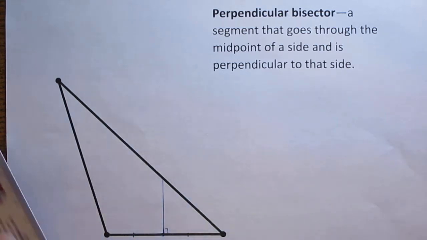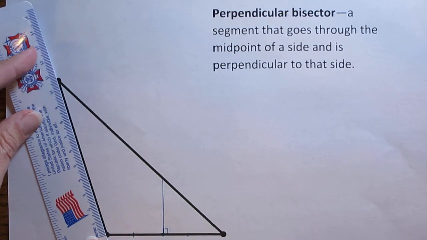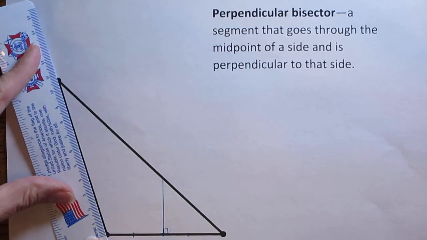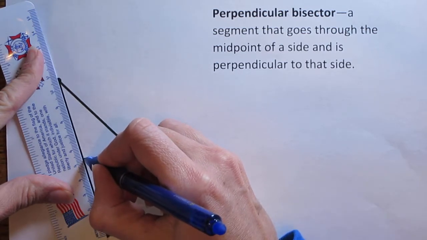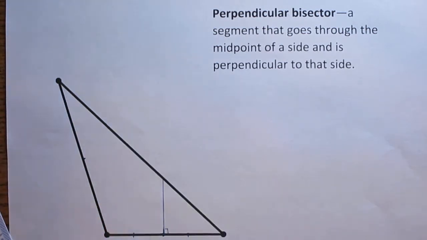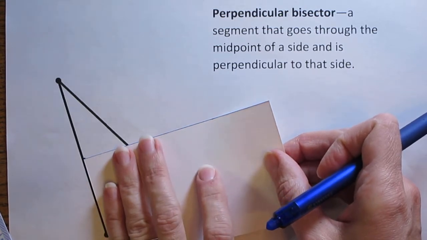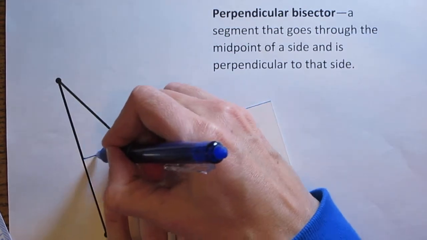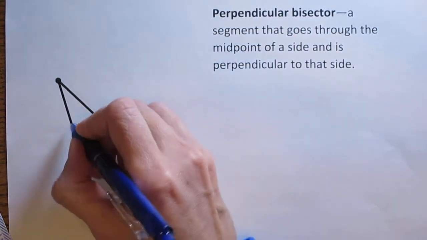So again, I'm going to measure over here. This looks to be about 10.5. So about 5.25 would be halfway. Okay, that's perpendicular there.